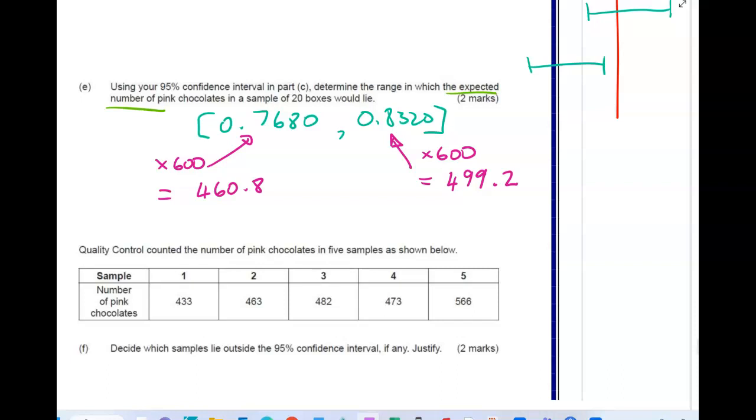We need to round out. So you've got your 460.8 here and your 499.2. To ensure that level of confidence, we have to round out. So the actual correct answer should be, that goes out to 460 and this one goes out to 500.